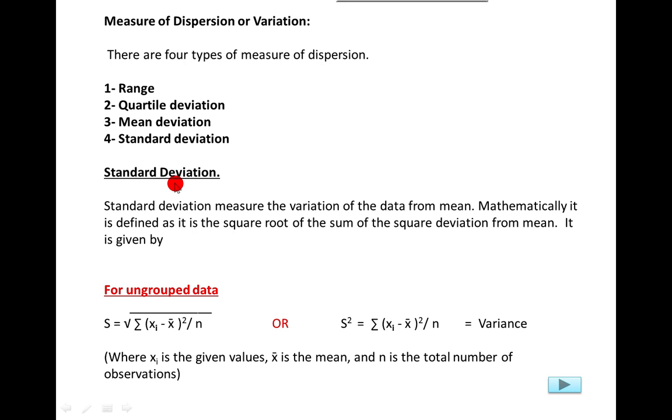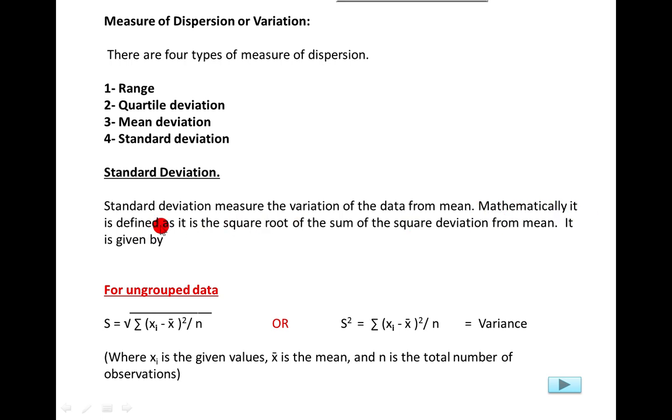We use the standard deviation. Negative value same as negative value, positive same as positive value. So standard deviation is free from all the demerits. This is the definition of standard deviation. The standard deviation measures the variation of the data from mean.